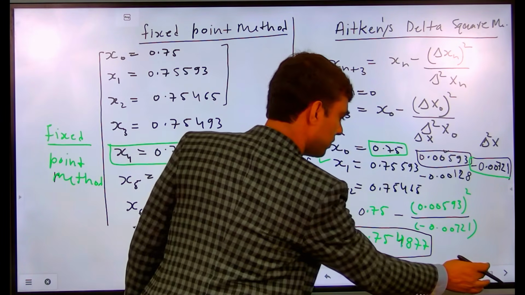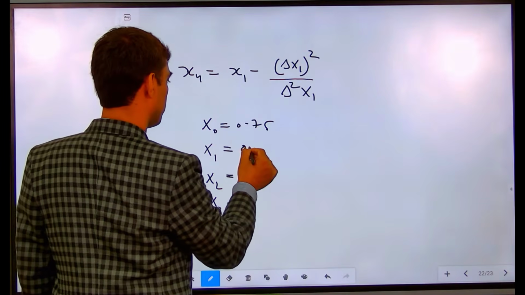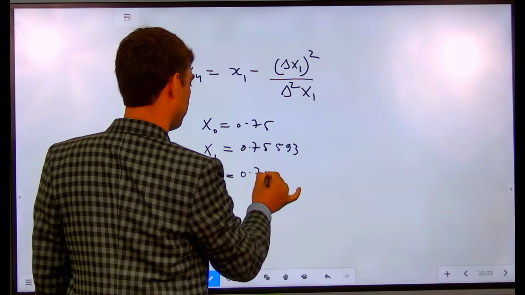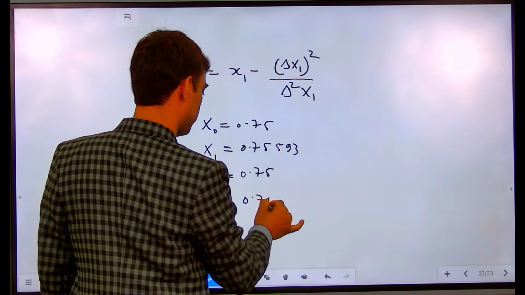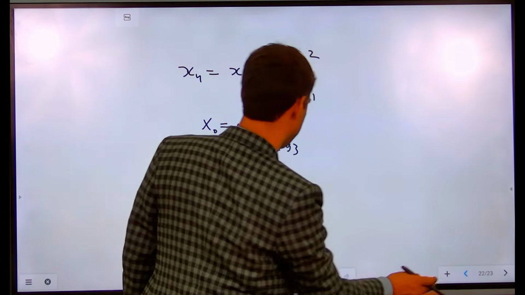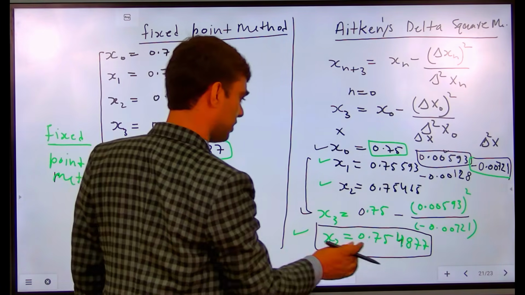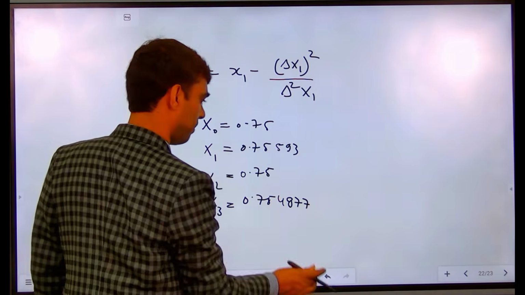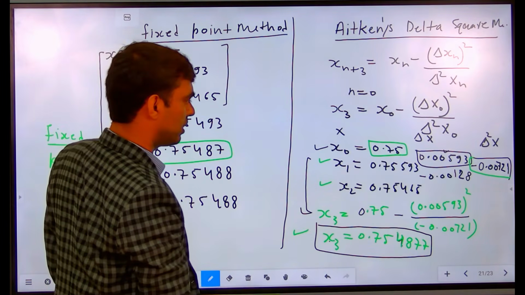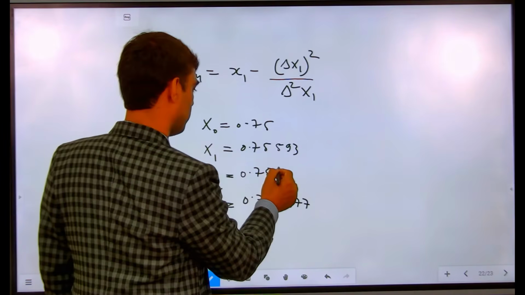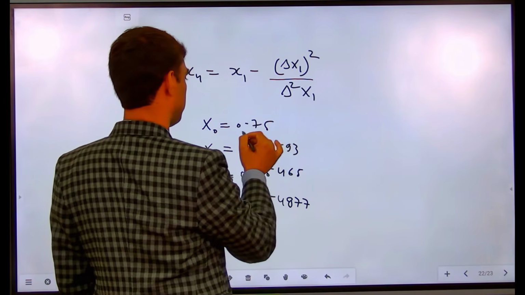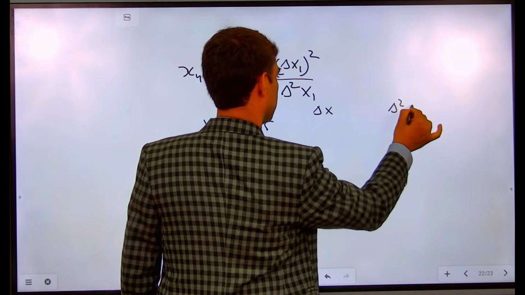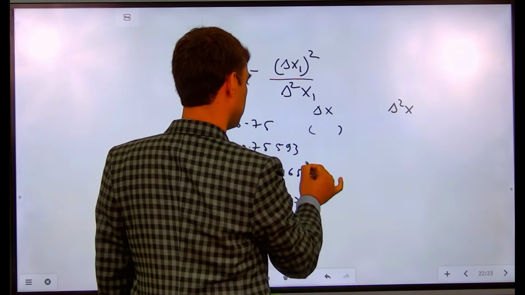The values are 0.75, 0.75593, 0.754877, and 0.75465. Then to find here, we find the value of delta x, then we find the value of delta square x.